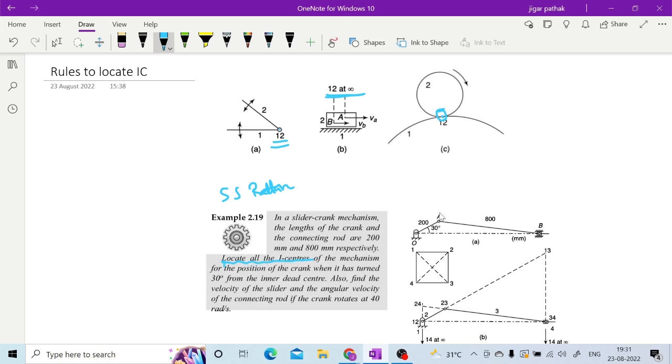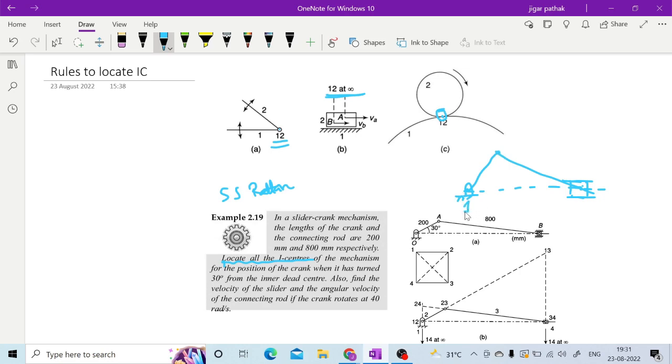So that you know how to locate the instantaneous centers. In this particular problem, where the crank is at 30 degrees from the inner dead center, you can draw this slider crank mechanism. Here you have a slider, here you have a pin joint, here also a pin joint.